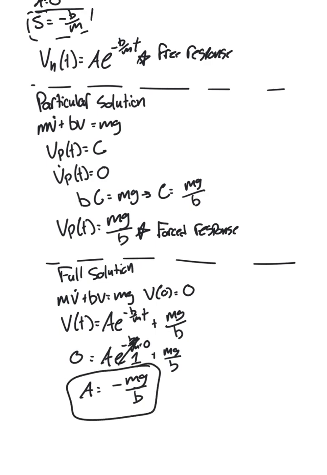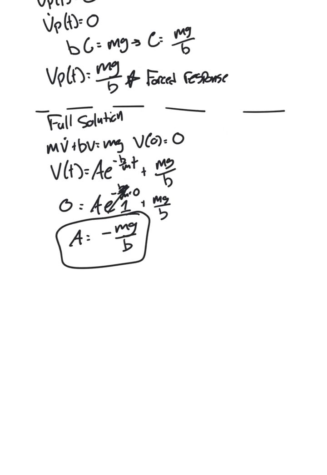Great. Given our one initial condition, we solved for that one unknown coefficient, so that now gives us our full solution. v of t is equal to minus m g over b times e raised to the minus b over m times t, plus m g over b.